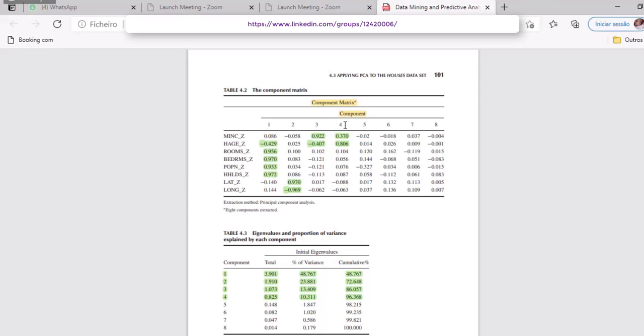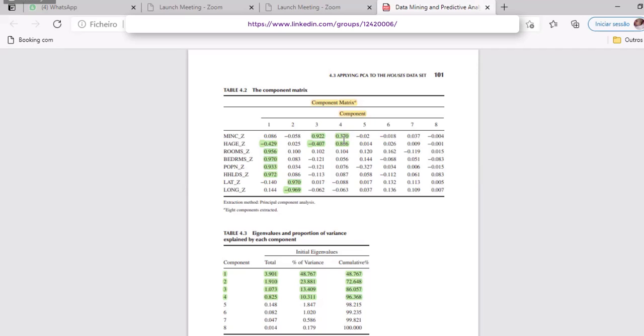And finally, we are not going to look at all of these, and I show you why: they have no values that are high enough for us to take these components into consideration in this method.